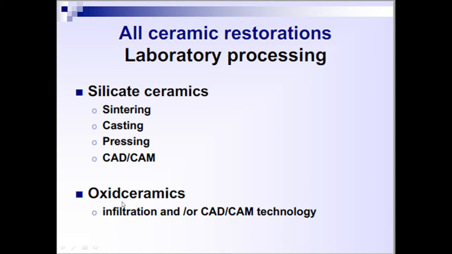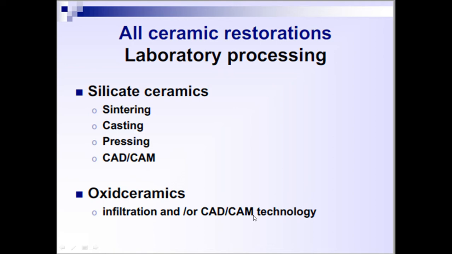And in these oxide ceramics, we have only CAD-CAM technology in itself. That's it. We cannot fabricate any restorations out of these ceramics in any other procedure other than CAD-CAM technology. Okay, so we're going to see how exactly all these processes happen.